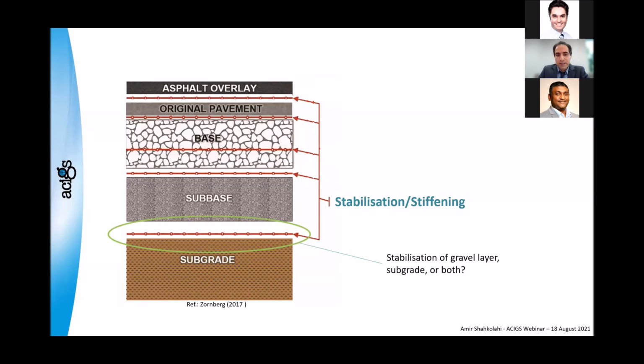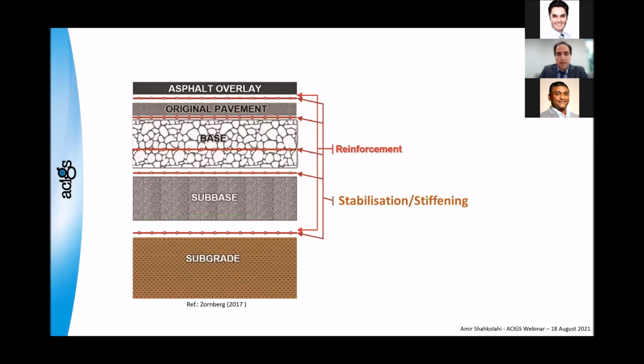So this location gives both benefits, reinforcement and stabilization. Depending on the application, we can get stabilization, reinforcement, or both, and sometimes we put all together to get all the benefits at the same time. So it all depends on the functions that we want to achieve, and it gives us the location where we would like to use geogrid.